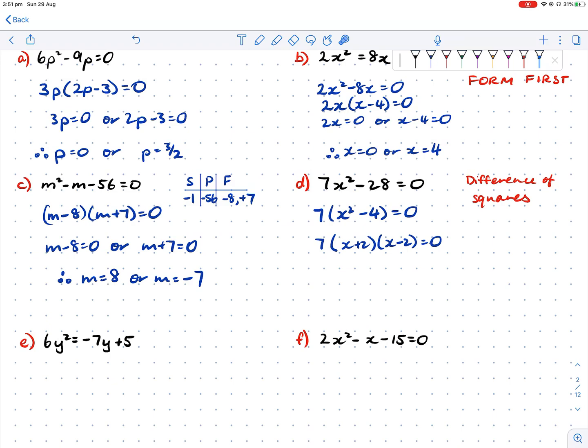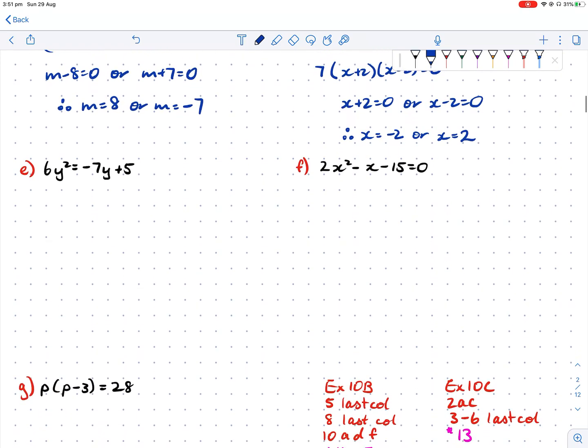We don't need to do any solving with it. So what we're down to is x plus 2 equals 0, or x minus 2 equals 0. And when we solve these linear equations, x is negative 2, or x is positive 2. And those are your two solutions. So that 7 in the front won't make any difference to the solution.